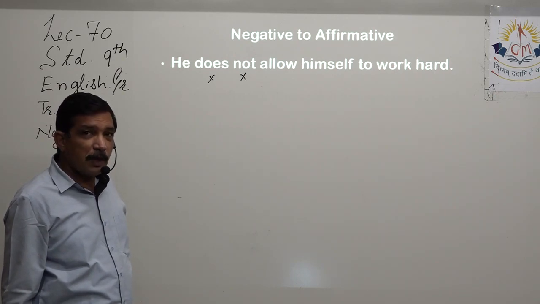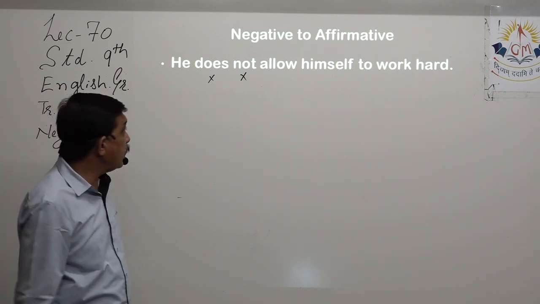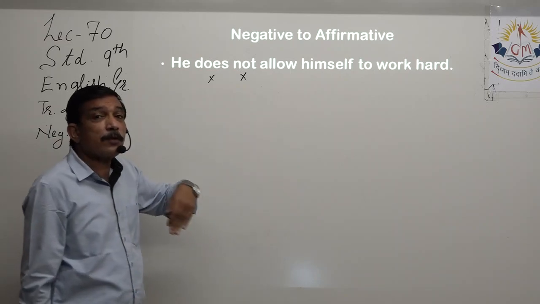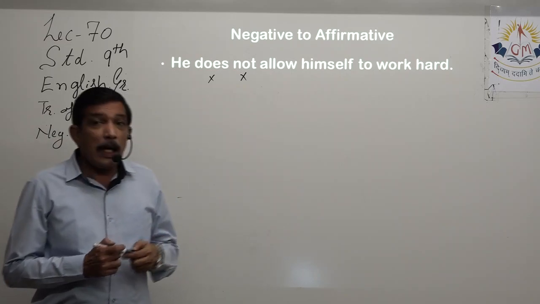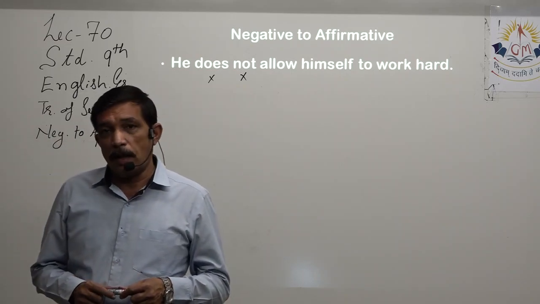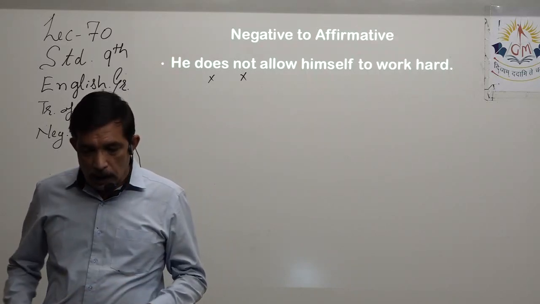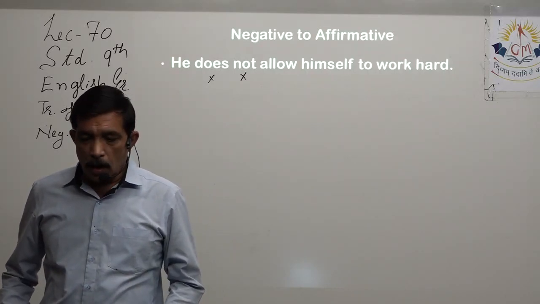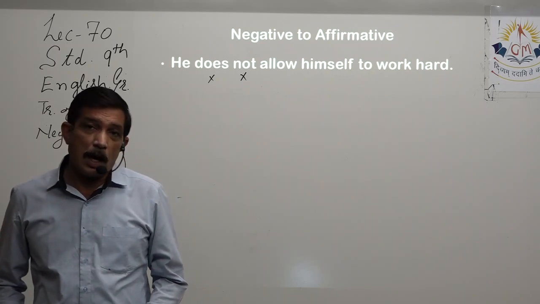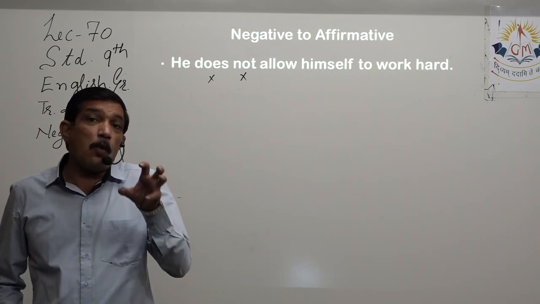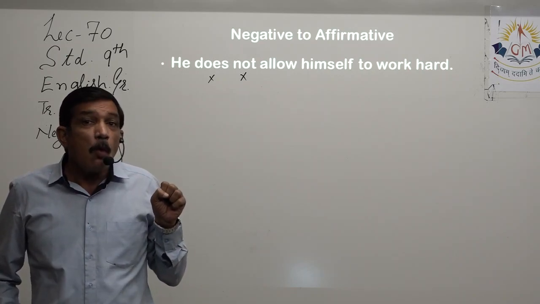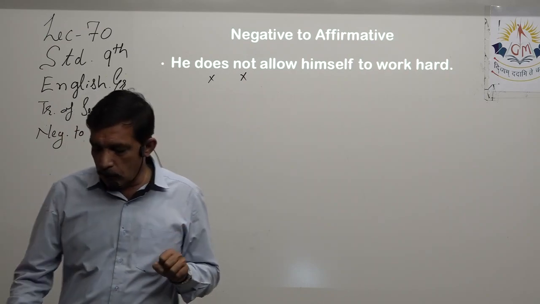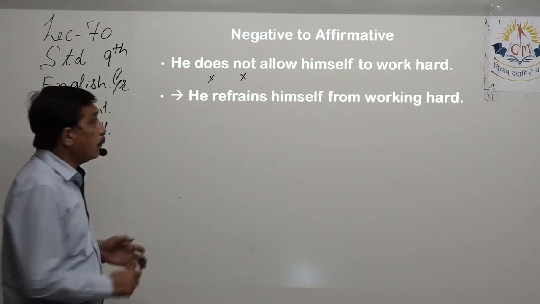Disallow is applicable somewhere, but not everywhere. Here he is himself not volunteering to work hard. That is the meaning. If we say he does not allow himself to work hard, that means he is holding himself back. Holding himself back is the word called refrain.